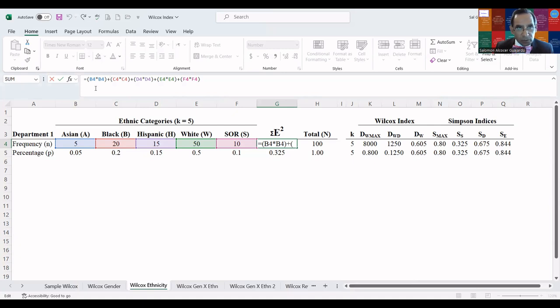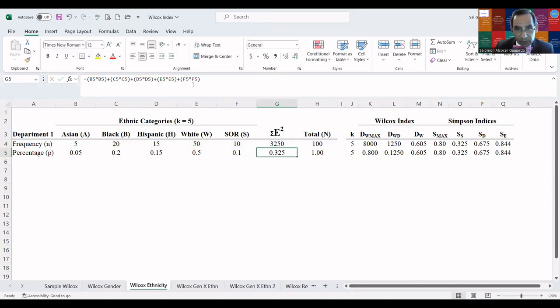So G4 is composed of B4, which is 5 times 5, plus 20 times 20, so that's C4 times C4, plus 15 times 15, so that's D4 times D4, plus the squared frequency of the white workforce, plus the squared frequency of the some other race workforce, and that gives me a total of 3250.